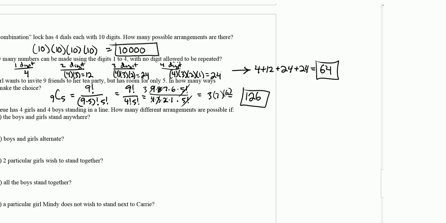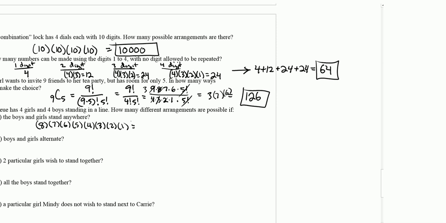38, a queue has 4 girls and 4 boys standing in line. How many different arrangements are possible if the boys and girls stand anywhere? Well, if they stand anywhere, you have 8 people lining up, and so you have 8 choices for the first person, then 7, and then 6, all the way down to 1.